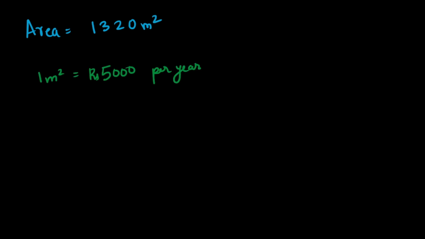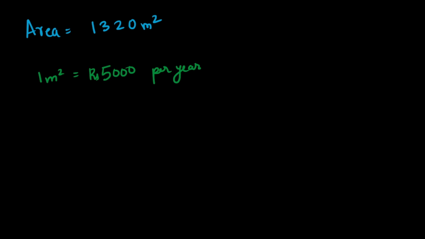To know the area, we have got it as 1320 meter square, right? In the question they have given, for 1 meter square they have to pay 5000 rupees per year, right? But in the question they have told that the company is only paying for 3 months, so you need to find it for 3 months, not for one whole year.